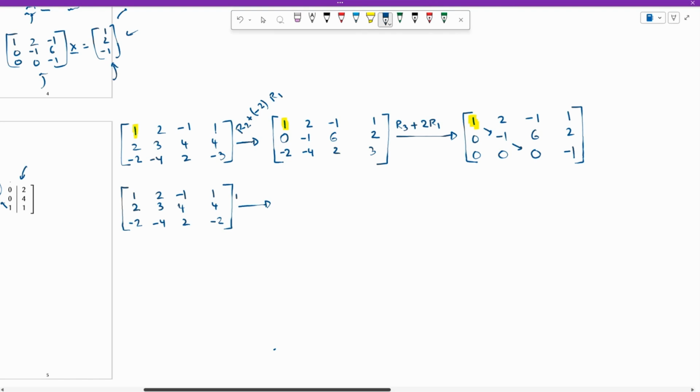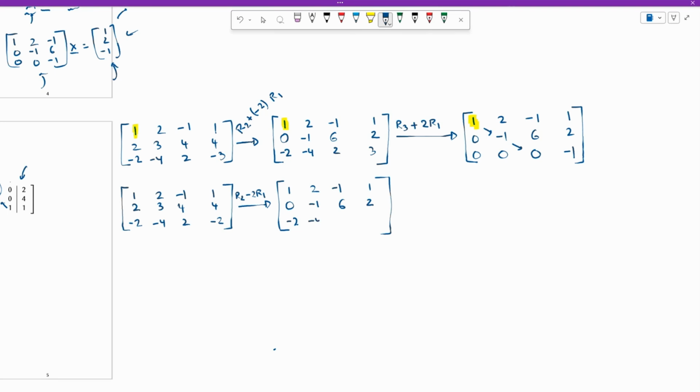So we will again do R2 minus 2 times R1. I know I will get 1, 2, minus 1, 1, 0, minus 1, 6, 2, minus, not 2, sorry. That's wrong. You'll have to check what you will get. It'll be 2 because 4 is the same in both cases.